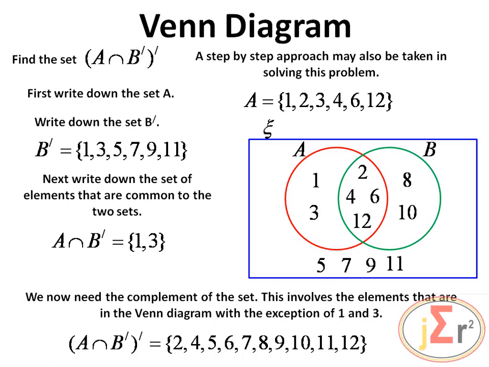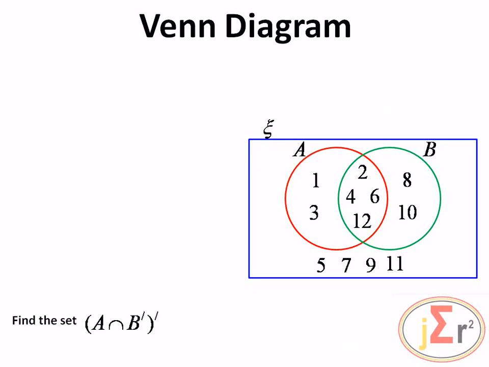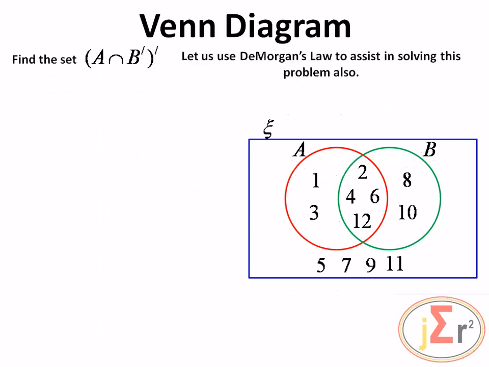There we have them. All of them with the exception of 1 and 3. And of course, that is equal to the one that we had before.